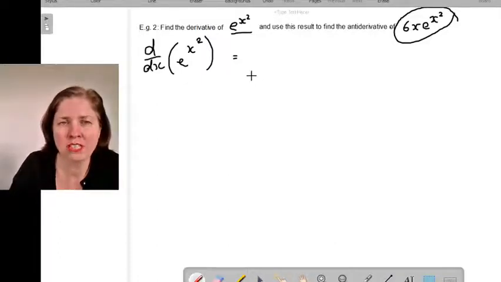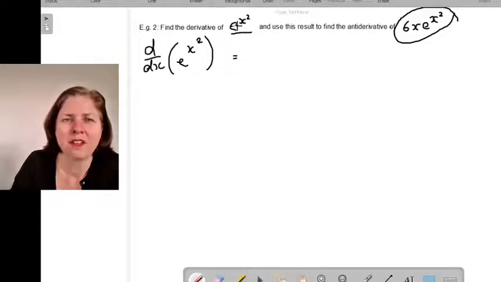Now I'm going to do this the short way, but I'll talk you through it. This is the same as e to the power of another function. So what I'm going to end up with is the derivative of e to the power of something multiplied by the derivative of the function inside. So the function inside, x squared, has a derivative of 2x.